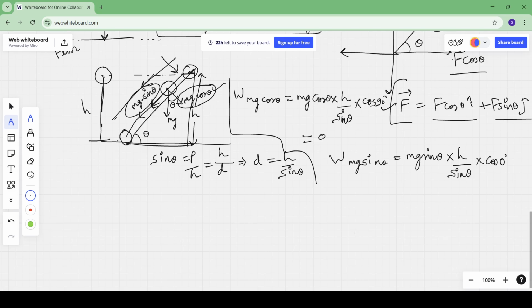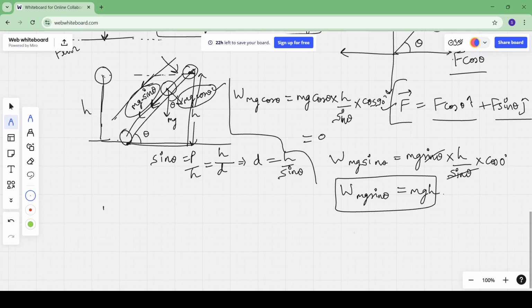This sine theta will cancel out with this sine theta, and we will get mg multiplied with h. So this is the work done which mg sine theta does on the ball when it covers a displacement of h over sine theta.